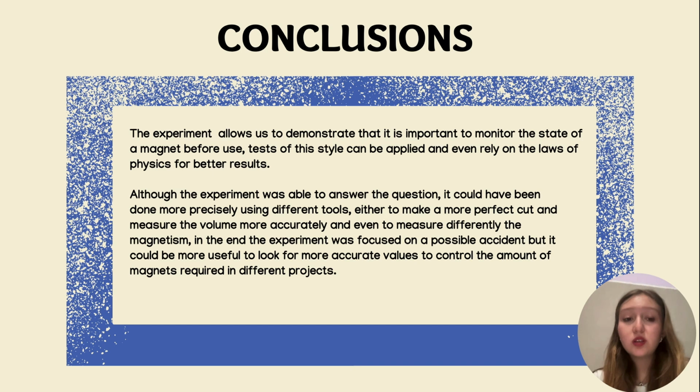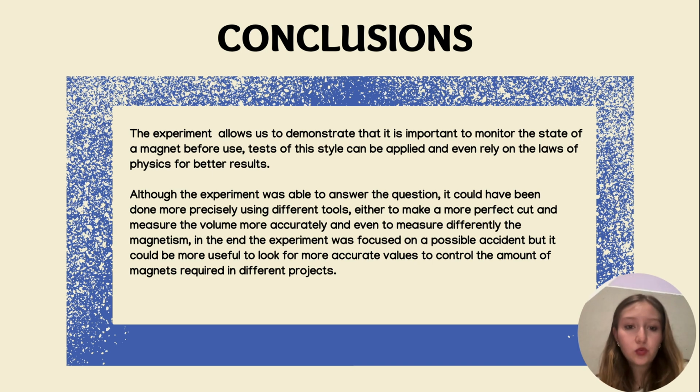In conclusion, these experiments allowed us to demonstrate that it's important to monitor the state of a magnet before use, because tests of this style can be applied and even rely on the laws of physics for better results. Although the experiment was able to answer the question that we made first, it could have been done more precisely using different tools, but in this case what we wanted was to make this experiment in the easiest way possible.